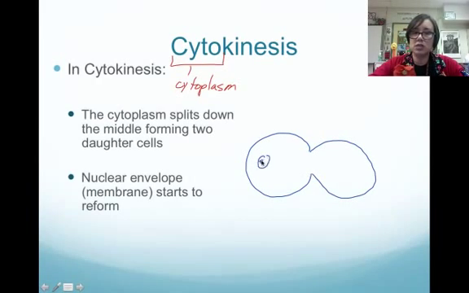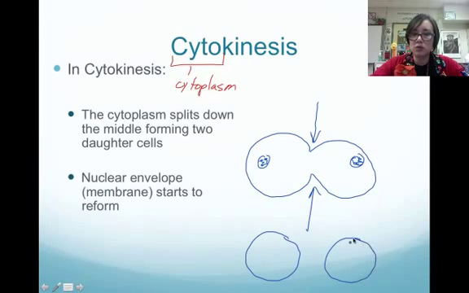So we have our nucleus here with our loosey-goosey DNA, we have another nucleus here with our loosey-goosey DNA, and the cytoplasm is pinching in here until eventually we're going to have two separate cells. And when we have these two separate cells, they're going to be genetically identical to one another.